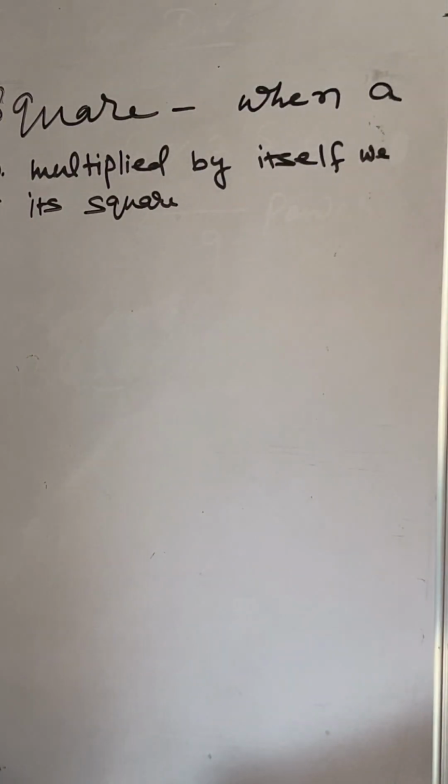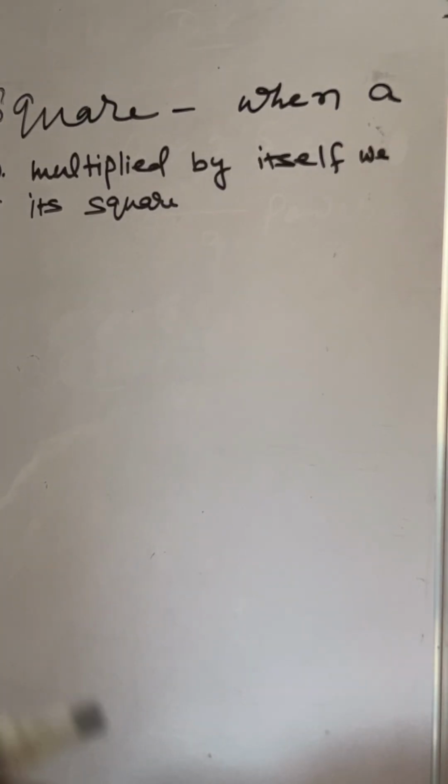Now square is denoted as a power 2. What is power? When we write any whole number over a number, it is known as its power.